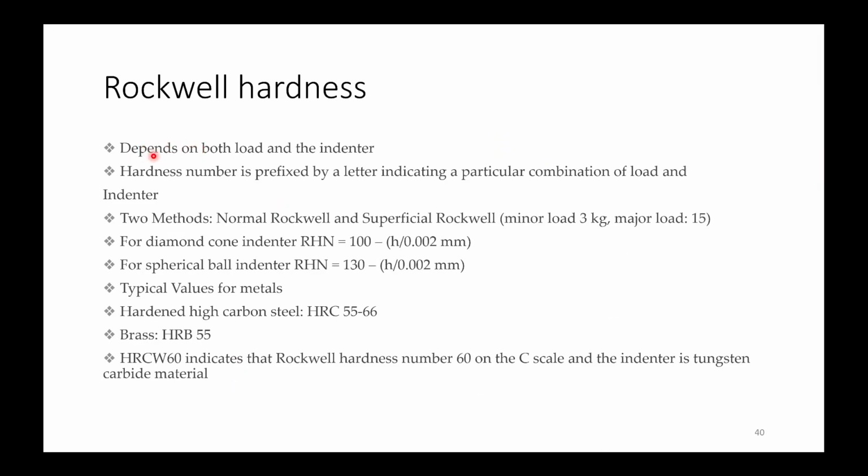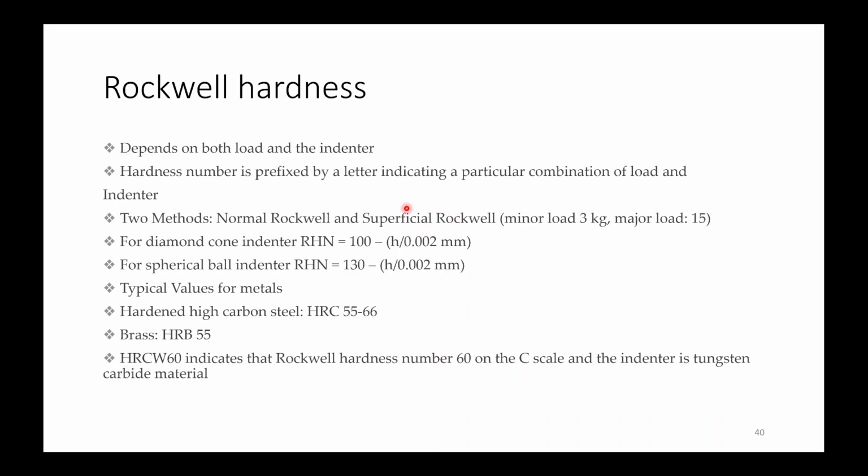This Rockwell hardness depends on both load and the indenter, and the hardness number is prefixed by a letter indicating a particular combination of load and indenter. Two methods, normal Rockwell and superficial Rockwell, are used.